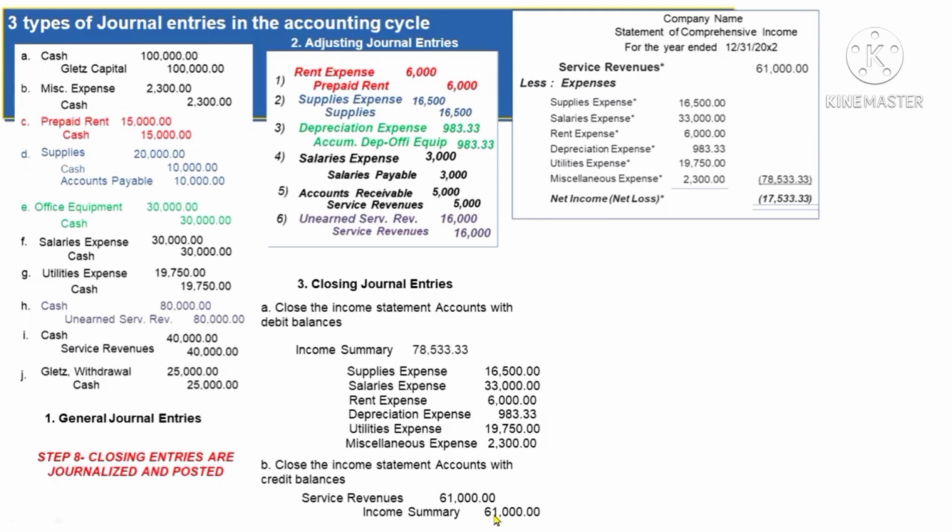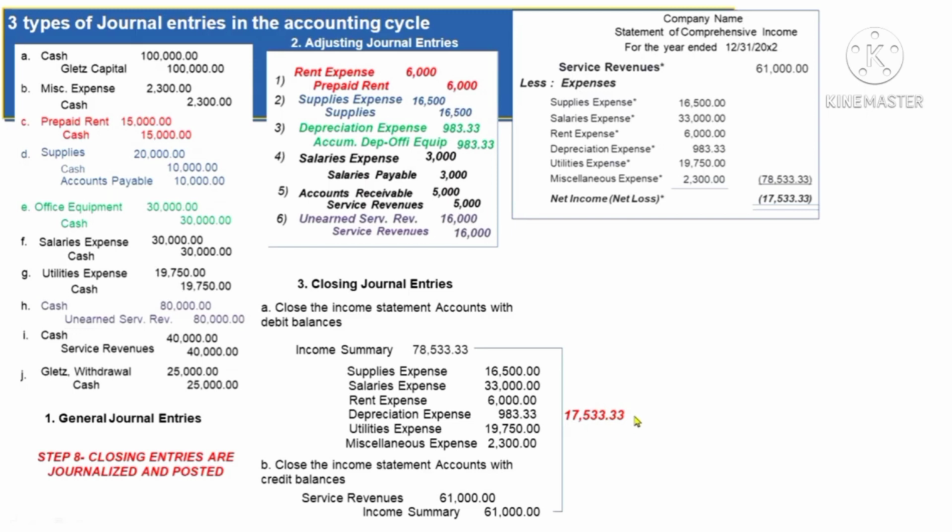So that's it. But before we go to the third closing entry, let's get the running balance of the income summary account. So here we have 78,533.33 debit, but we have a credit here of 61,000. So the difference is 17,533.33 debit. Is this familiar?